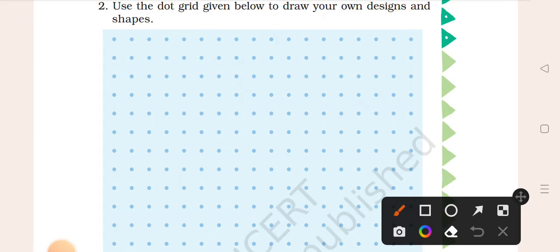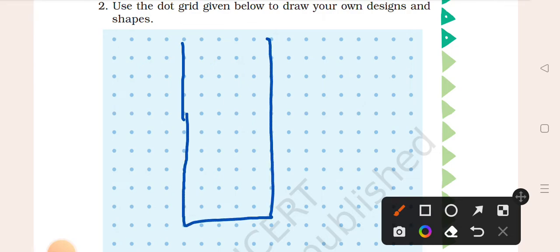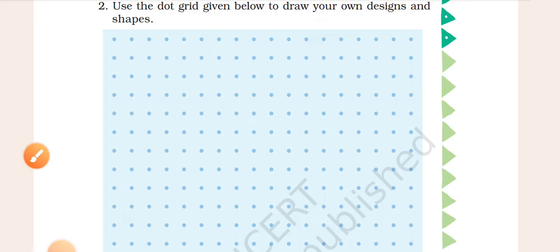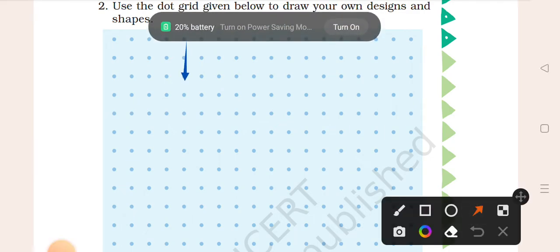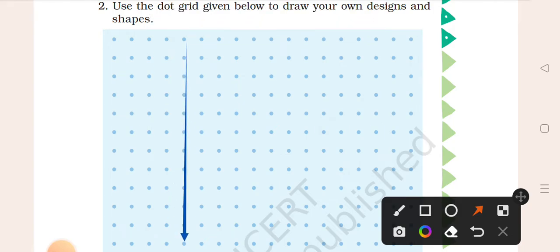The mobile will look like this from the back. It has cameras. Sorry. The mobile will look like this.